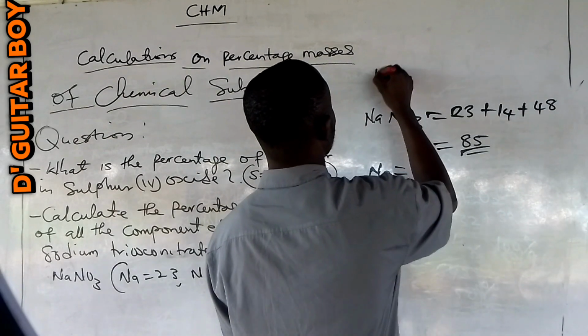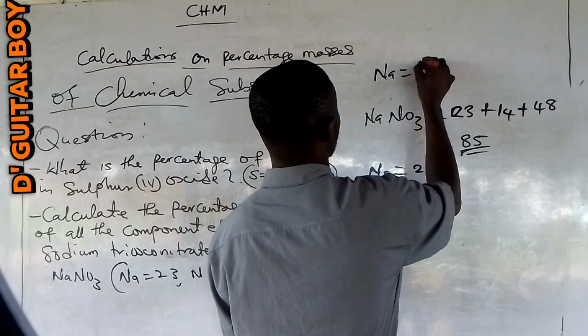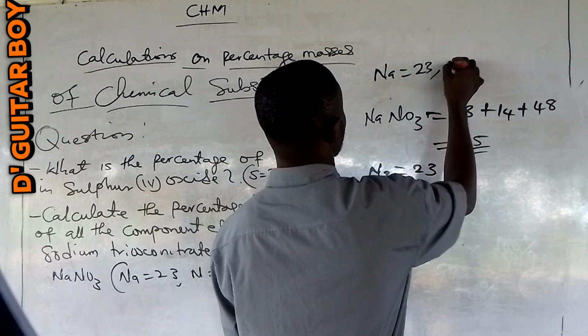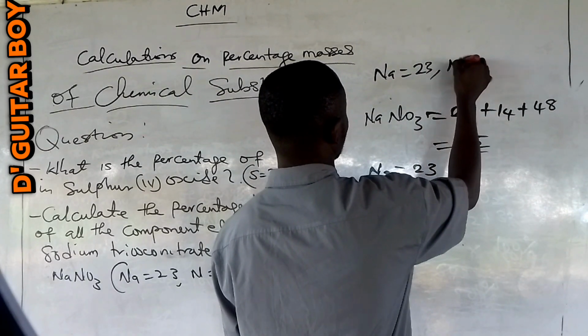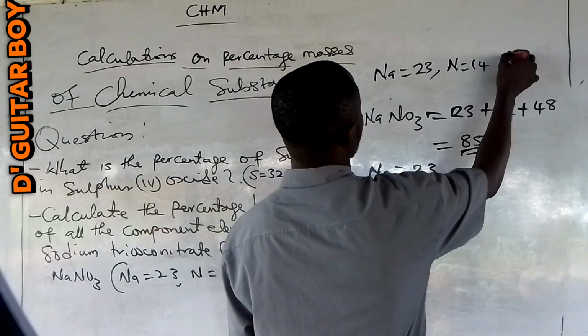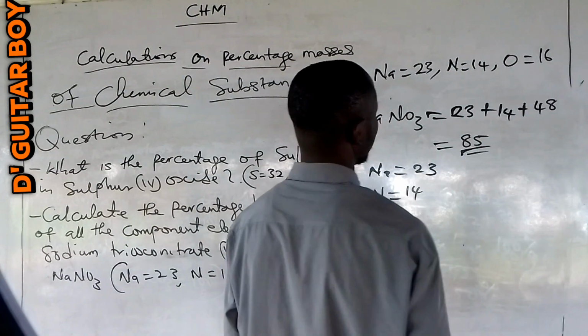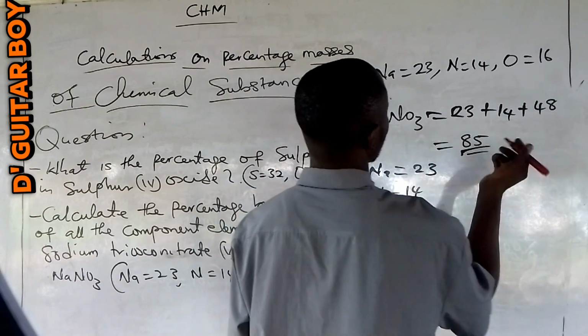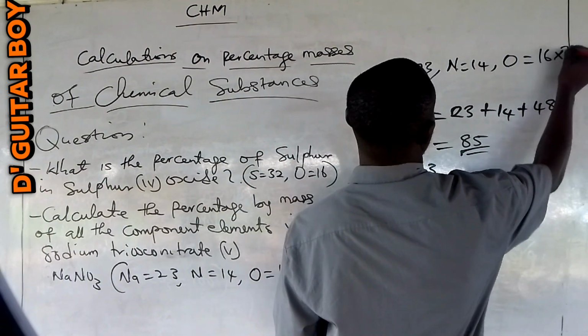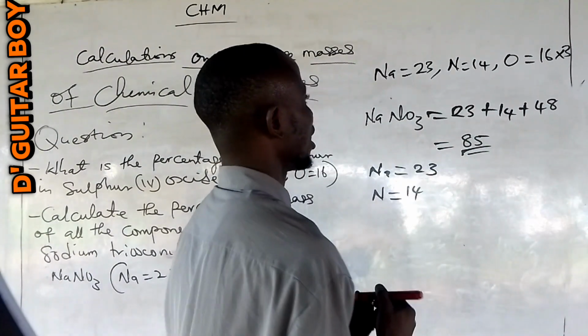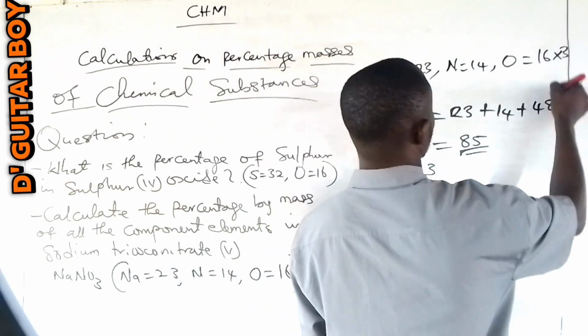Let me write it here. Relative mass of sodium is 23, relative mass of nitrogen is 14, relative mass of oxygen is 16. Since we have 3 oxygen, 16 times 3, that's how we have 48.